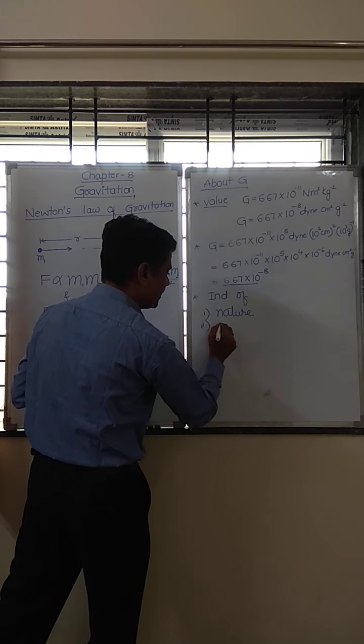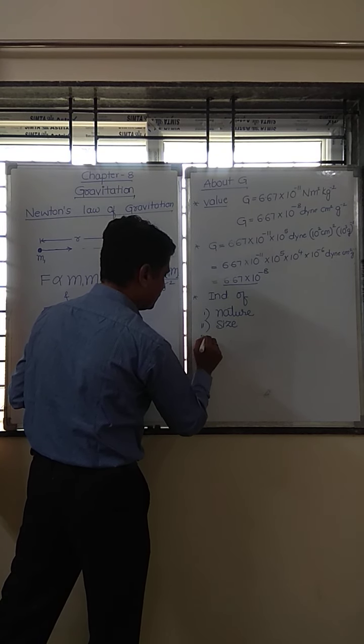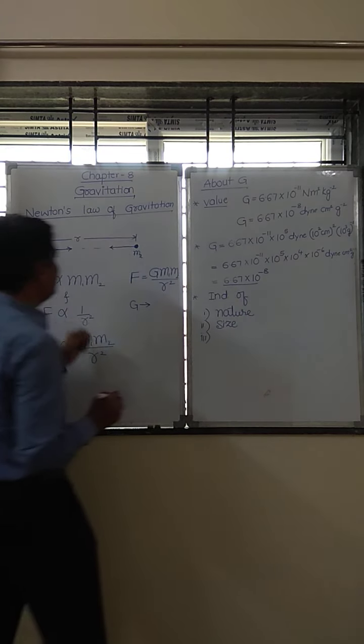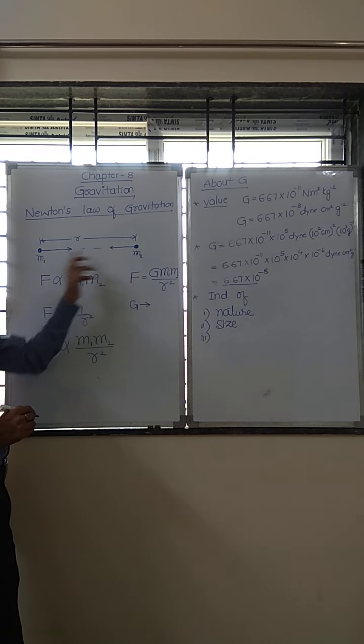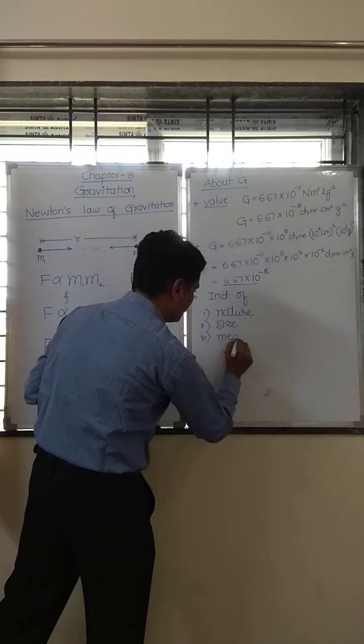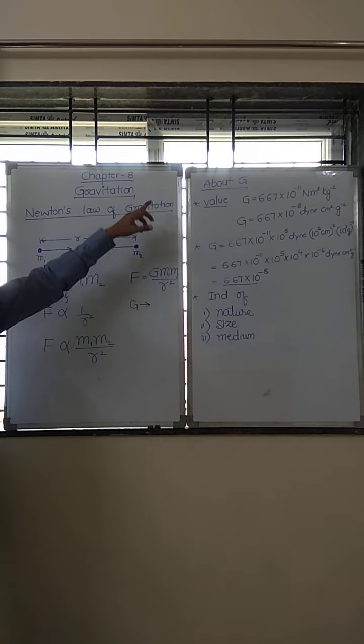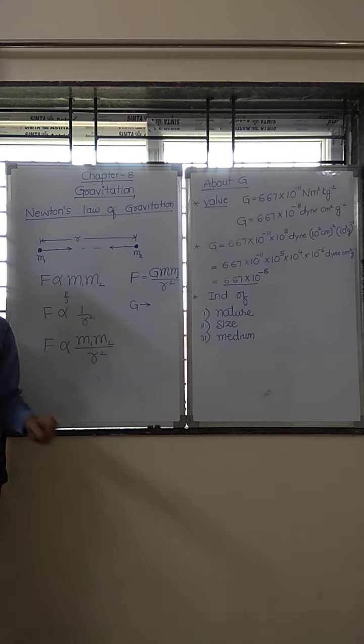Second, it is independent of size of the two bodies. Third, it is independent of medium between the two masses. So this is our G.